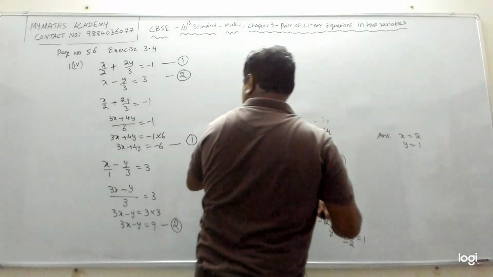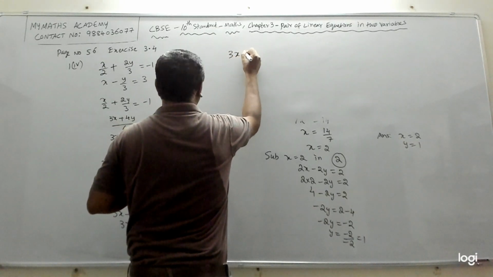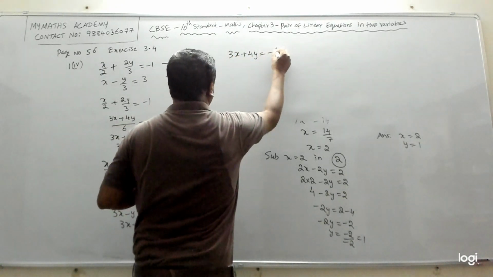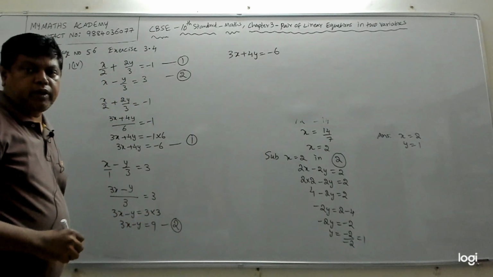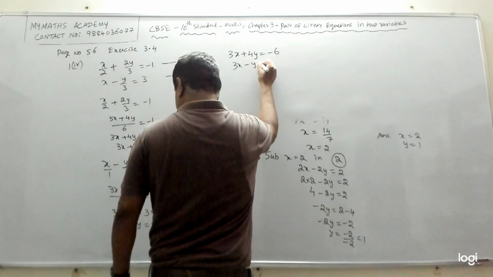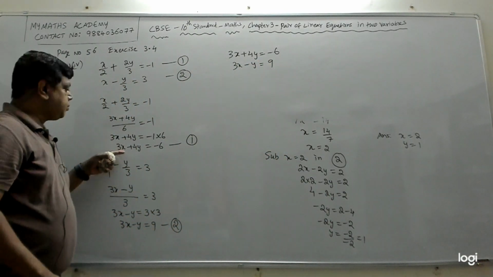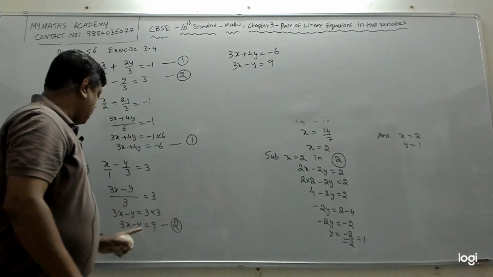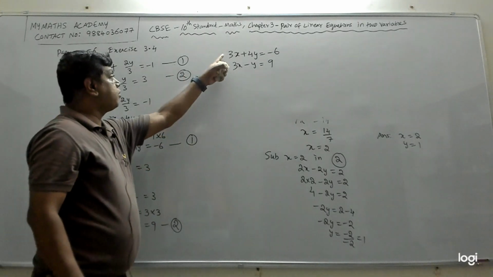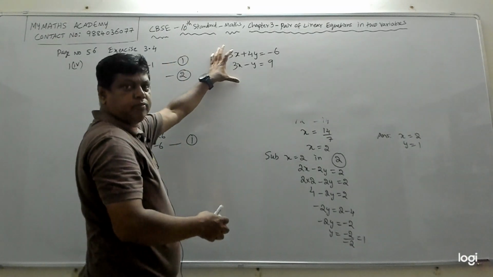Let me rewrite the equations. 3x plus 4y equal to minus 6, and 3x minus y equal to 9. So these two equations have become like this now.